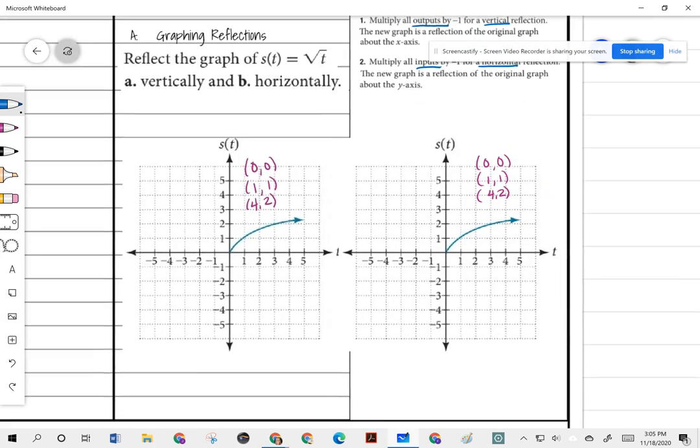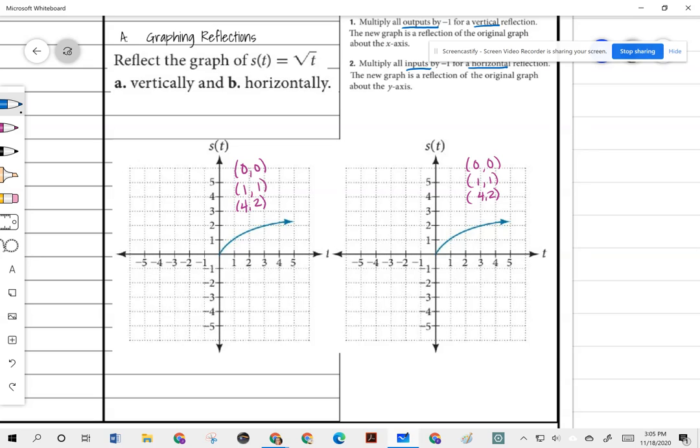All right, so let's take a look at A and B. It's the same parent graph here. Reflect the graph, A vertically and B horizontally. So again, if we are reflecting it vertically, then we are going to keep the same x values.